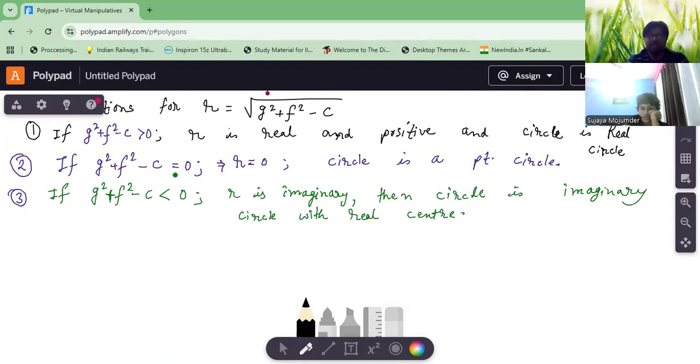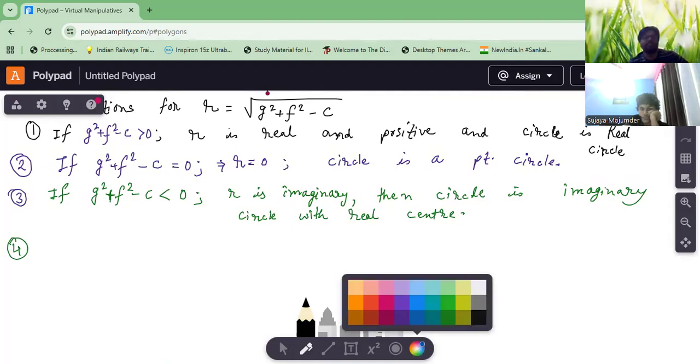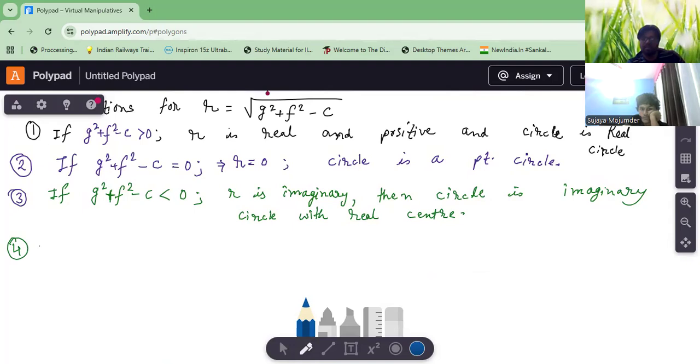Now, next we have point number 4. Suppose x square plus y square plus 2gx plus 2fy plus c equals to 0. Let's see.